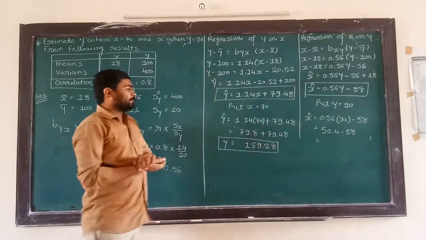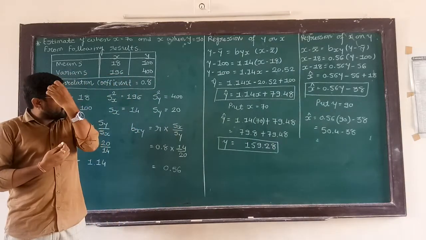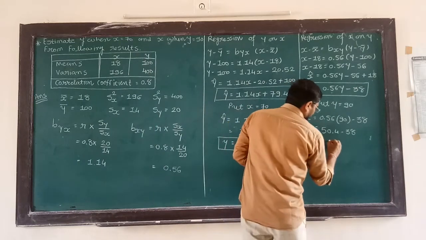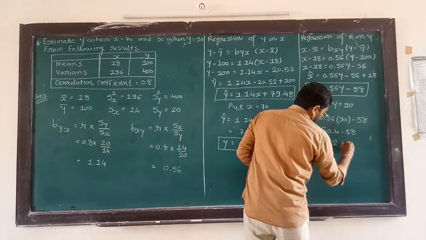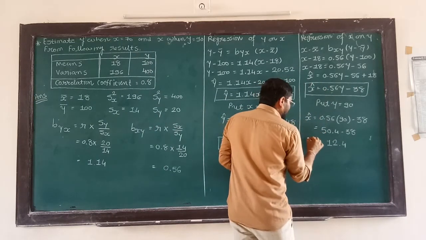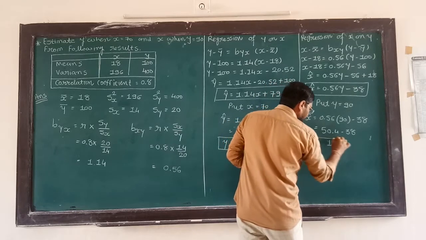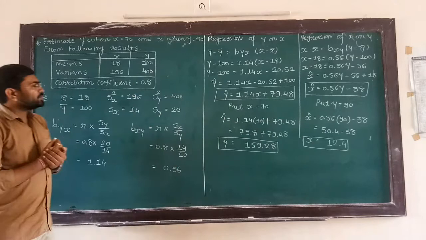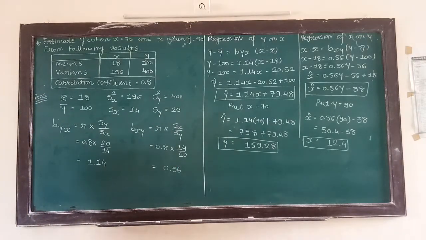Here we got 50.4 minus 38 is 12.4. Here we got x is 12.4. See, students, a very easy sum for you.